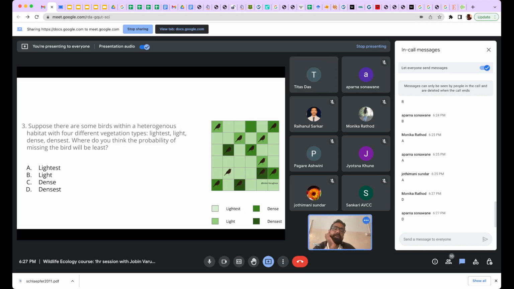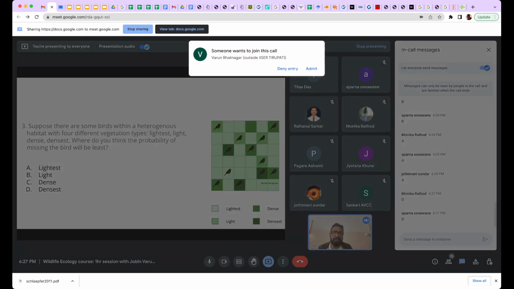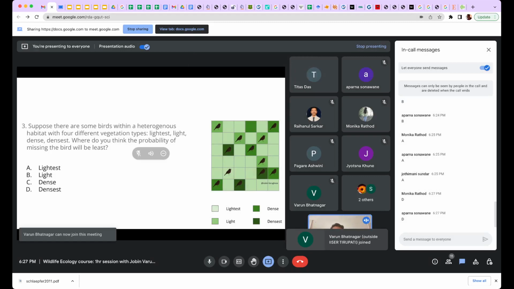Okay. Why? Aparna, you changed your answer, is it? Wait, why are you changing the answer? Sorry, did I say something wrong? I'm asking you, which vegetation type would you be able to see the bird most? It's the opposite of where the probability of missing the bird will be least. I mean, it's not the opposite, it's the same as that.